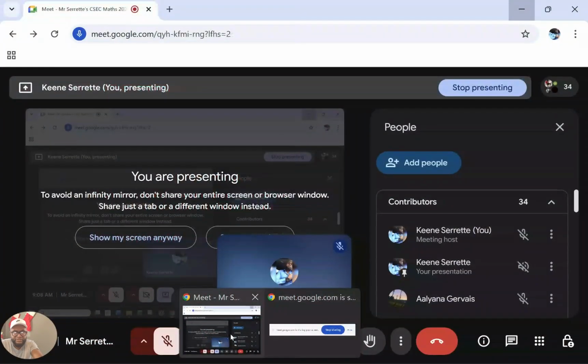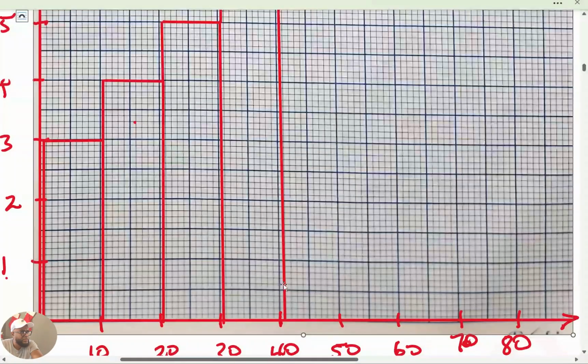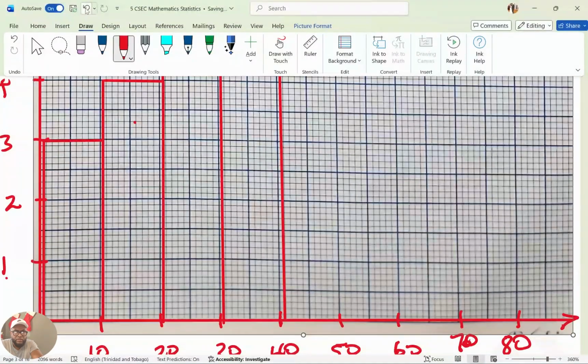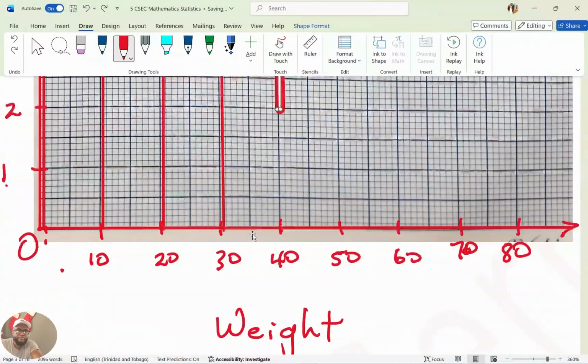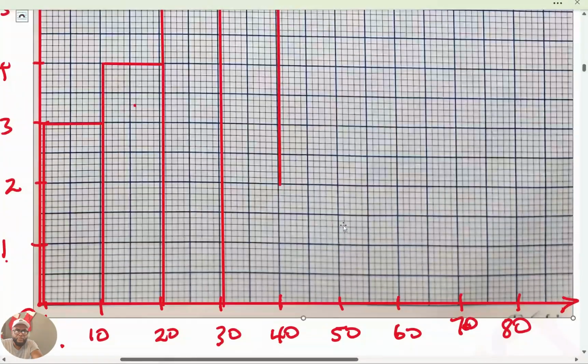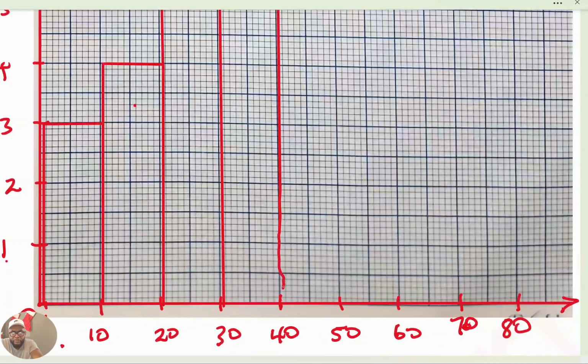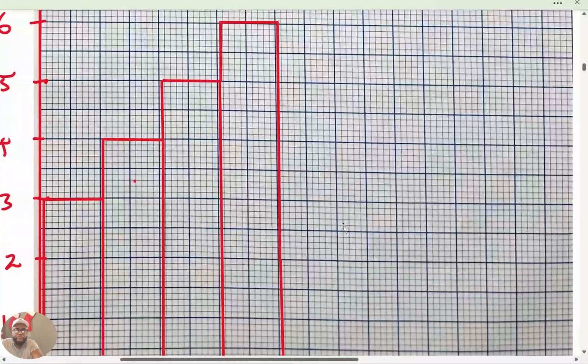Anybody else not seeing my screen? All right, so we're going down. We're going down to 40.5. All right, what's the next one, guys?